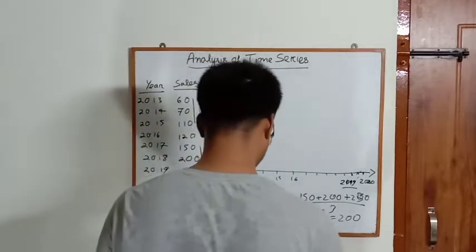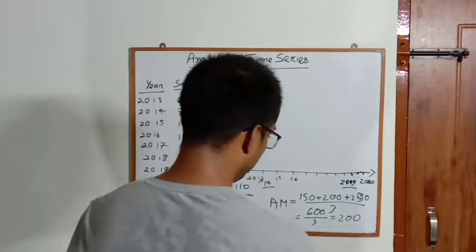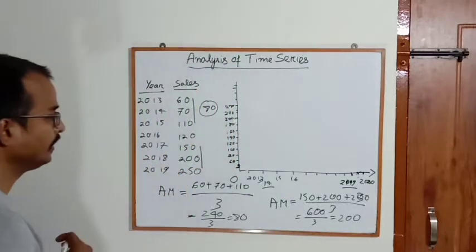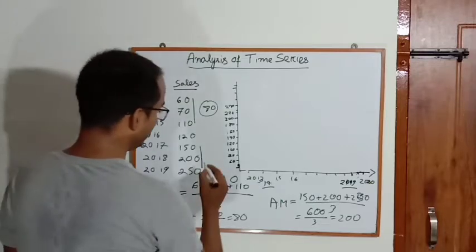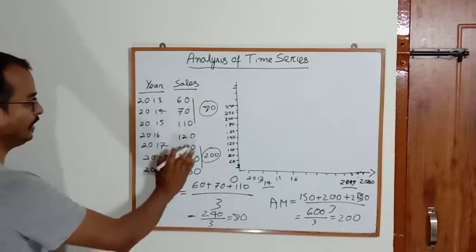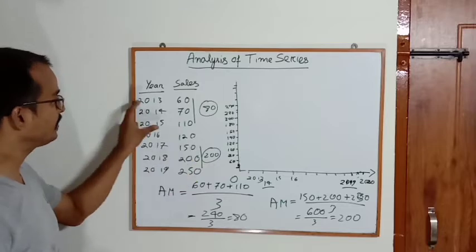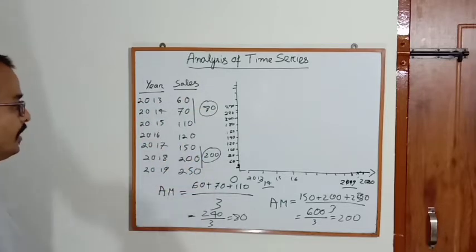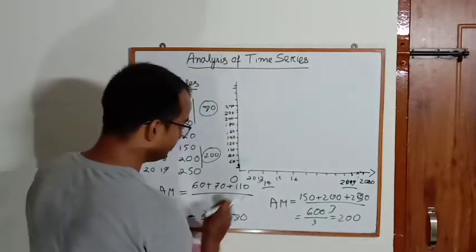Sorry, 600 by 3, yeah, 200. So, here it is 200. The arithmetic mean of the second part is 200, and the semi-average of this is 80 and the semi-average of this is 200. So, let me plot it clearly.